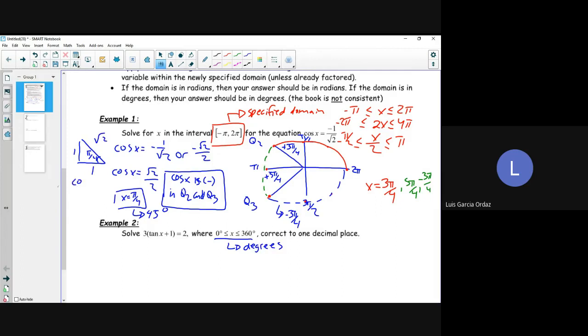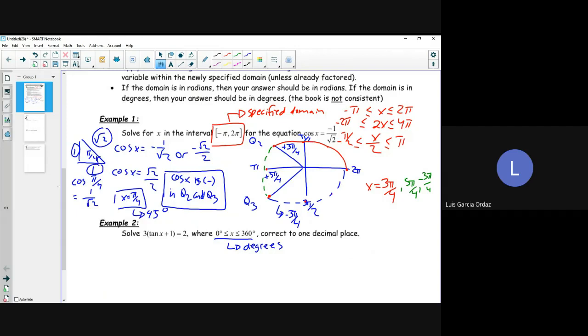If we do cos of pi over 4, it gives us 1 over root 2. The reason it's pi over 4 is because it corresponds with the special triangle of pi over 4. As you can see, I drew it up here. So we have root 2 as our hypotenuse, 1 as our adjacent or x value, and 1 as our y value. Which means cos of pi over 4 is 1 over root 2 or root 2 over 2.